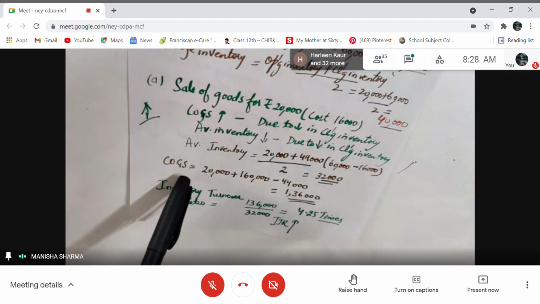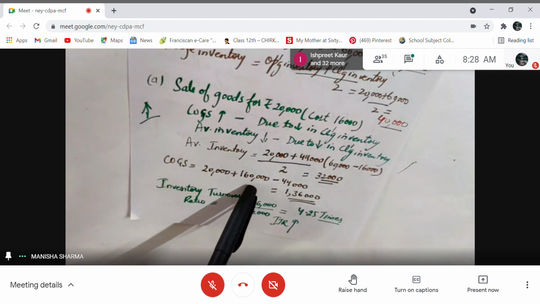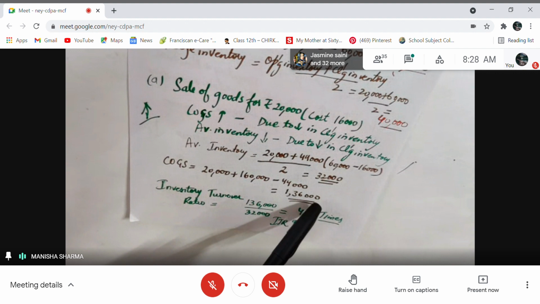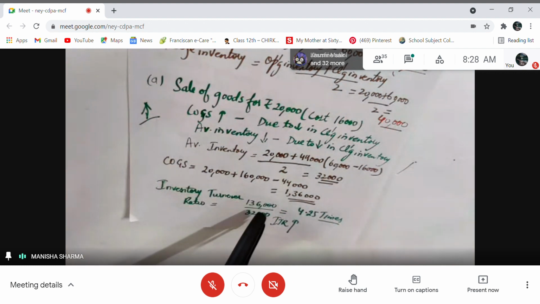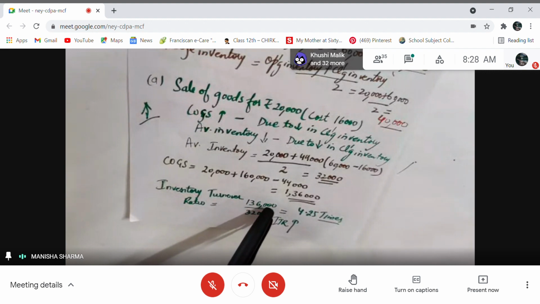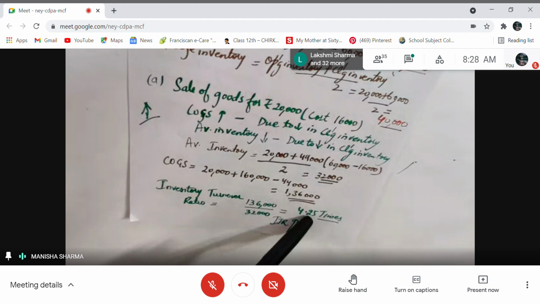Opening inventory plus net purchases minus closing inventory, COGS is coming out to be 1,36,000. So I will divide and find the inventory turnover ratio. 1,36,000 divided by 32,000. Now the value is coming out to be 4.25 times.